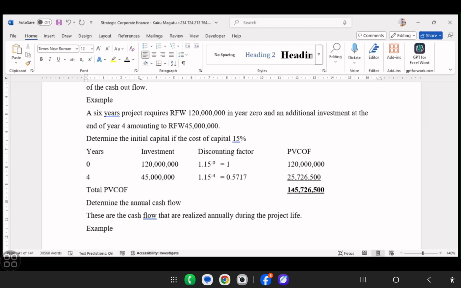We say that, suppose the project above is expected to generate the cash flows as follows.